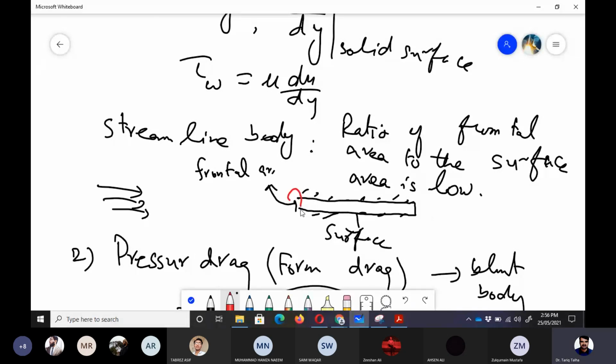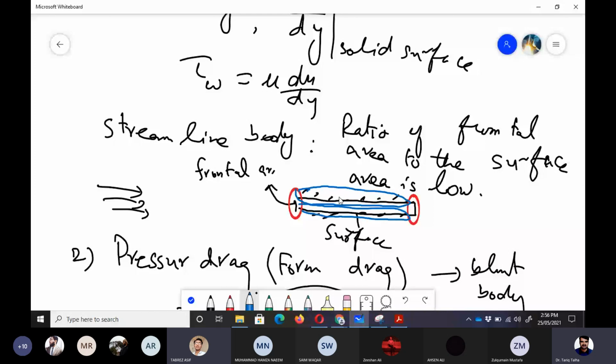This is the frontal area, which is perpendicular to the flow. And what is the surface area here? Let me highlight it with blue. This is the surface area of the top and bottom surface. So can you see that the frontal area is low in this case and the surface area is more?